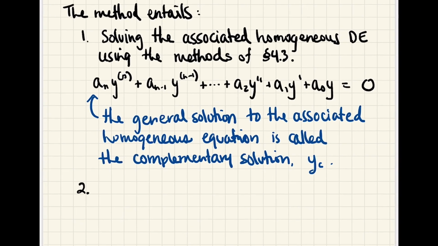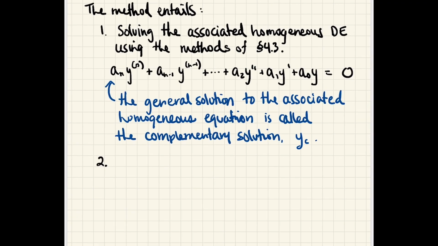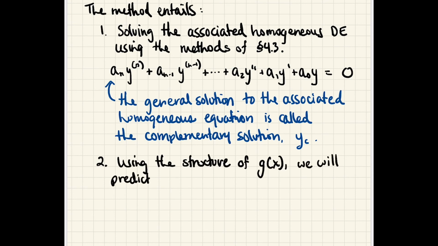The next thing we do is we put our attention on the g of x. And using the structure of the g of x, meaning whether it's trigonometric or exponential or polynomial, we're going to predict a trial particular solution, which we will call y subscript p.